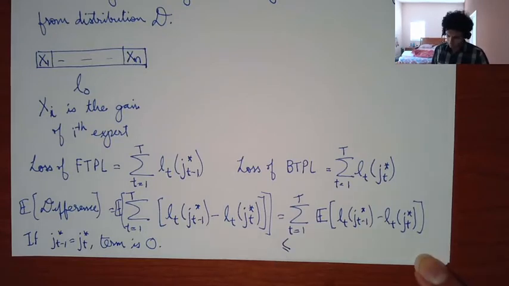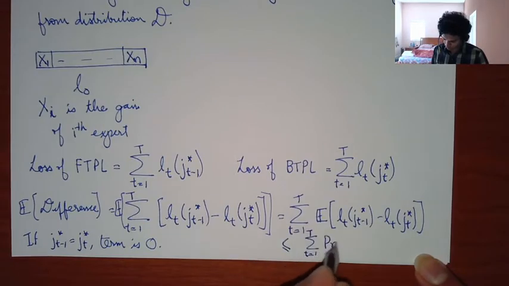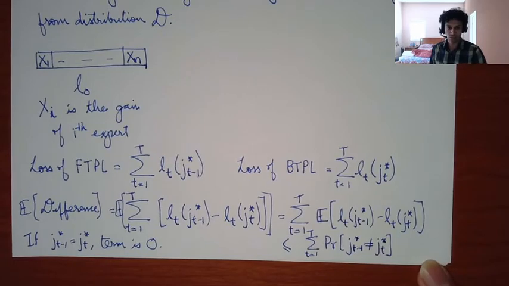So I can upper bound this by saying this is the probability that J_{t-1}^* is not equal to J_t^*. And this is the key.